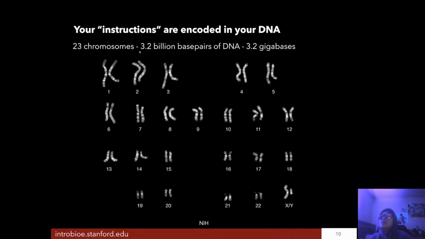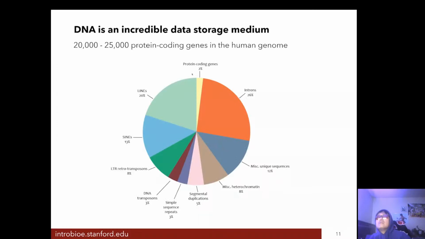Inside each one of my cells are 3.2 billion of these bases of DNA, and together they make the instructions for me. That's kind of incredible. That's actually many orders of magnitude smaller than the amount of data that I generate on a yearly basis. But DNA is an incredible storage medium, right? In this DNA, there are about 20 to 25,000 protein coding genes.